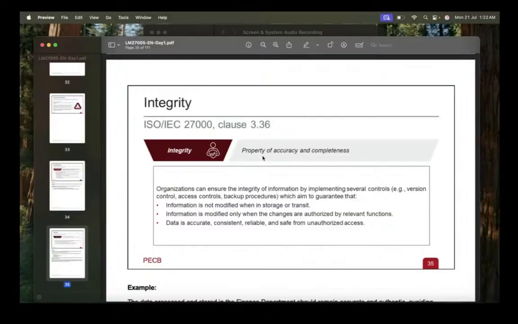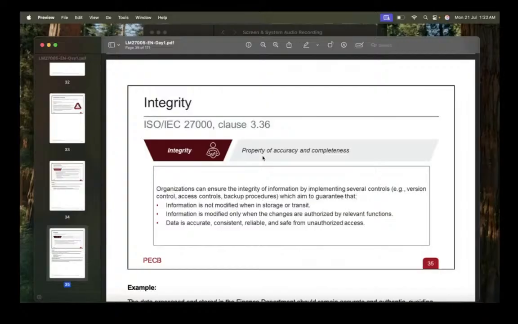So we discussed confidentiality, and how organizations can ensure confidentiality. We understood it by an example of the HR department. And then we discussed integrity and how organizations can ensure it.